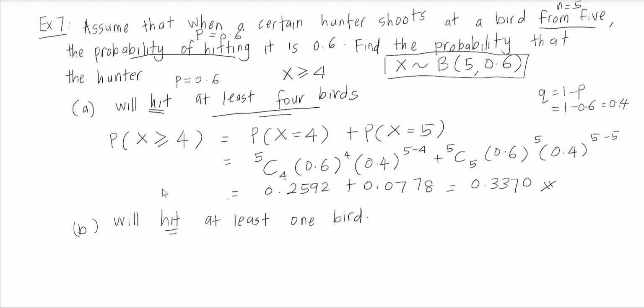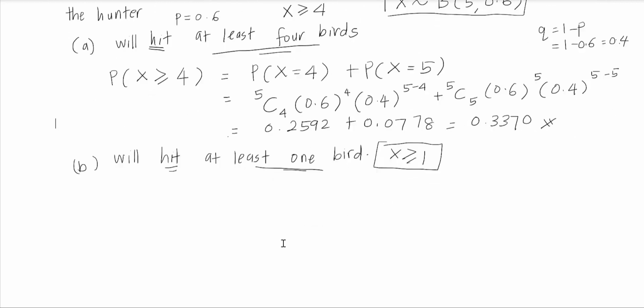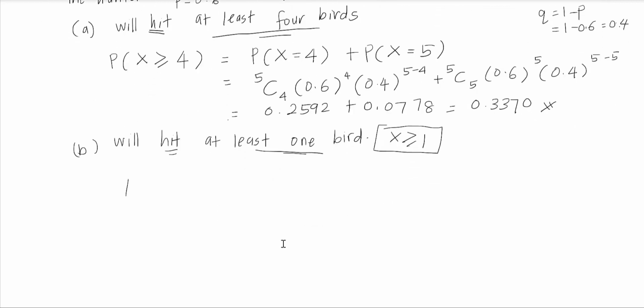Now we proceed to question B. Will hit at least one bird. That means our x is greater than or equal to 1. At least one bird. So we are going to look for the probability when x is greater than or equal to 1.